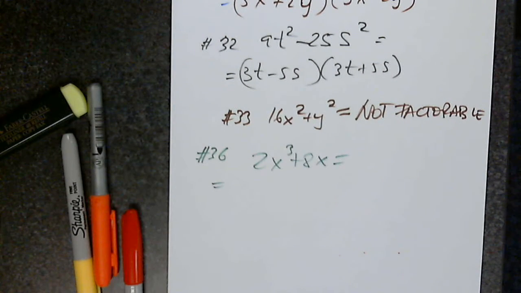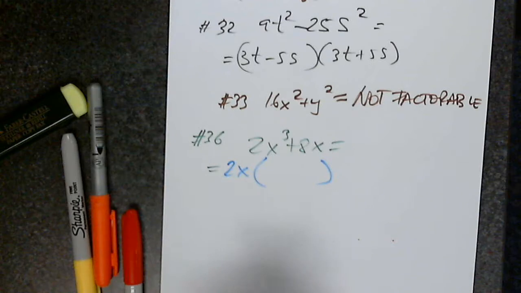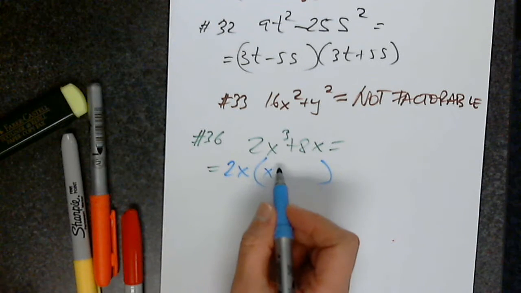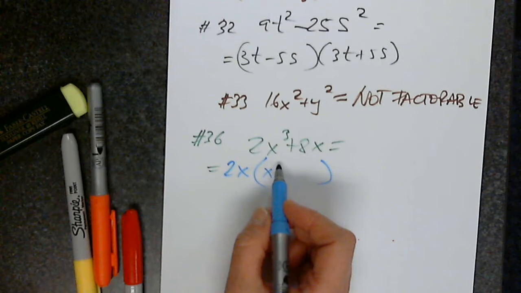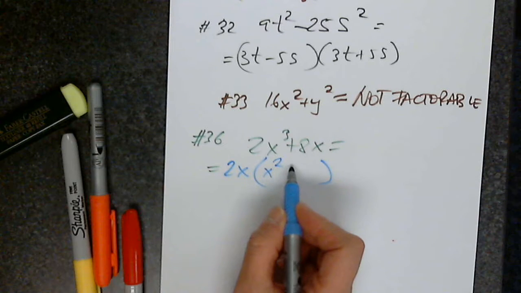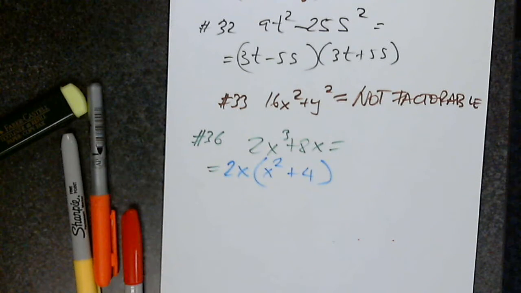Can anyone get us started on this? Number 2x. Very good. What is left in parentheses? X squared plus 4. Good. Is there anything else we can do here? No, because x squared plus 4 is the sum of squares.